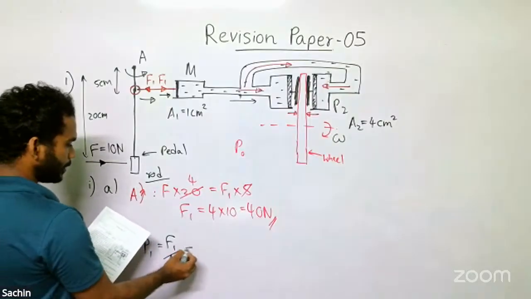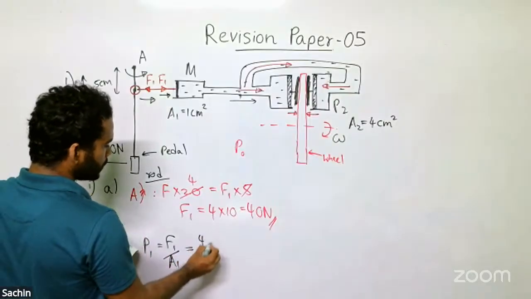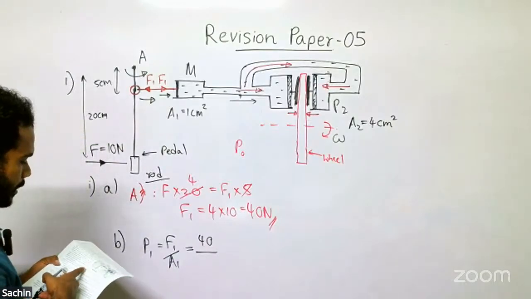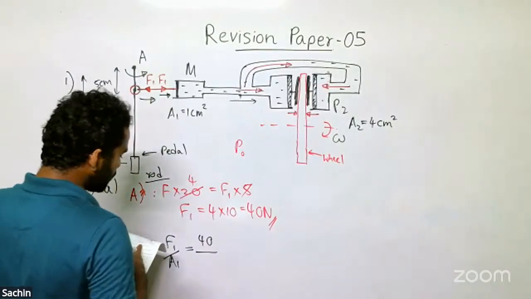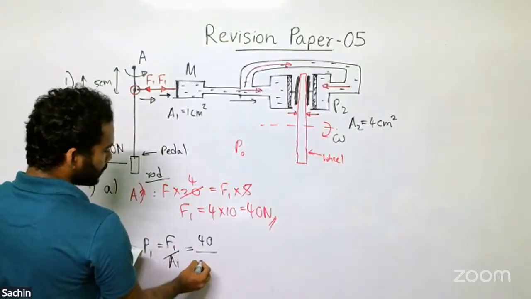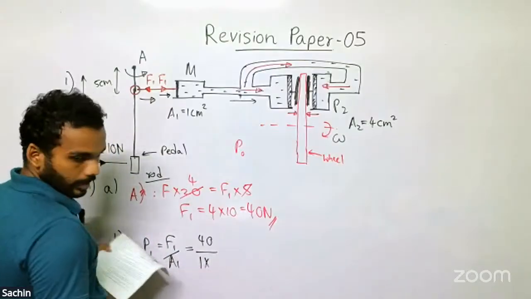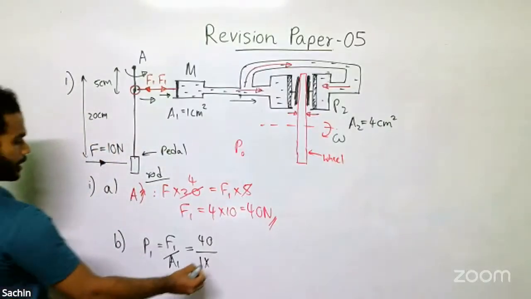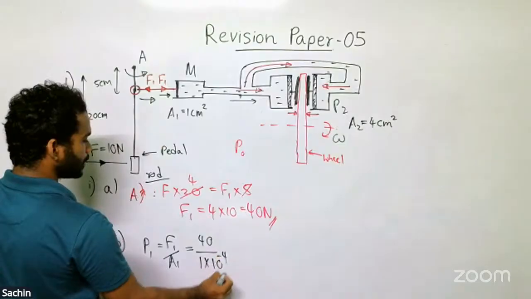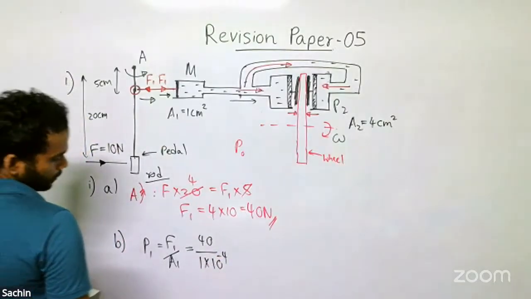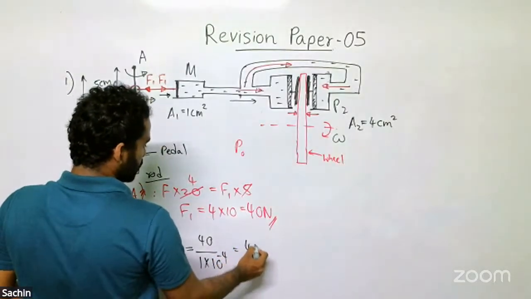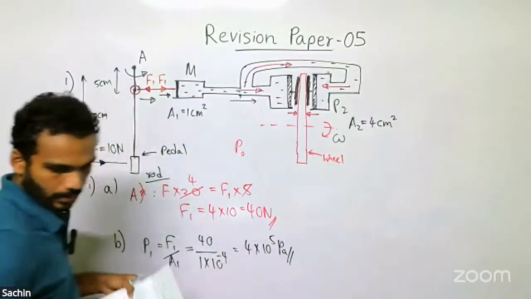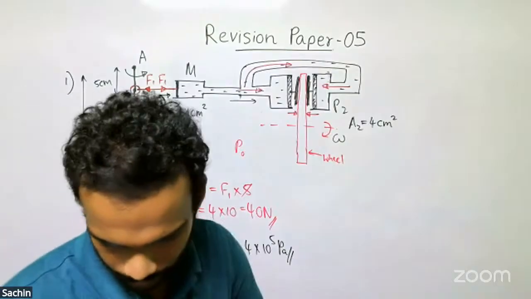We already calculated this force, that is 40. So what is the area? They have given in the passage that the area of the master pump is 1 centimeter square. By the way, it is in centimeter square, which you can convert to meter square by multiplying with 10 to the power minus 4. So your answer will be 4 into 10 to the power 5 Pascal. This should be your answer.